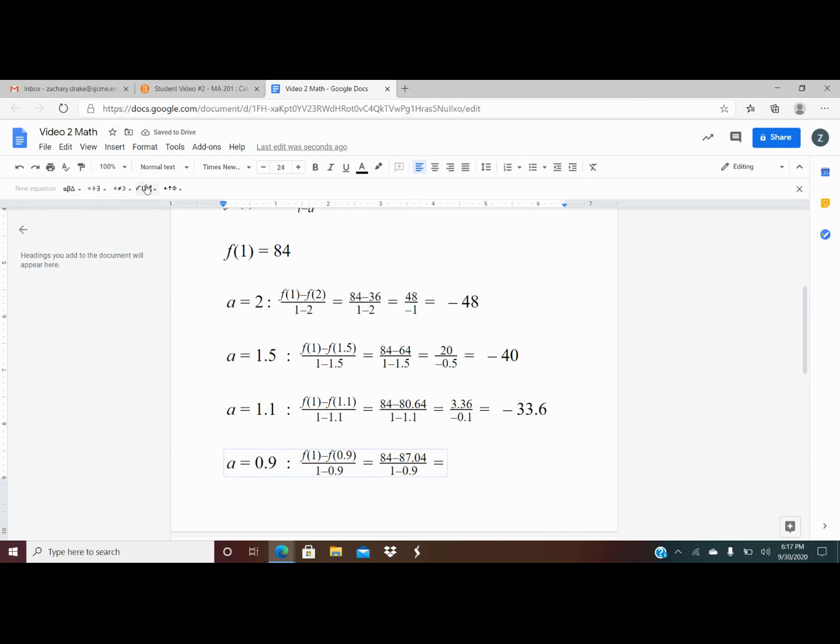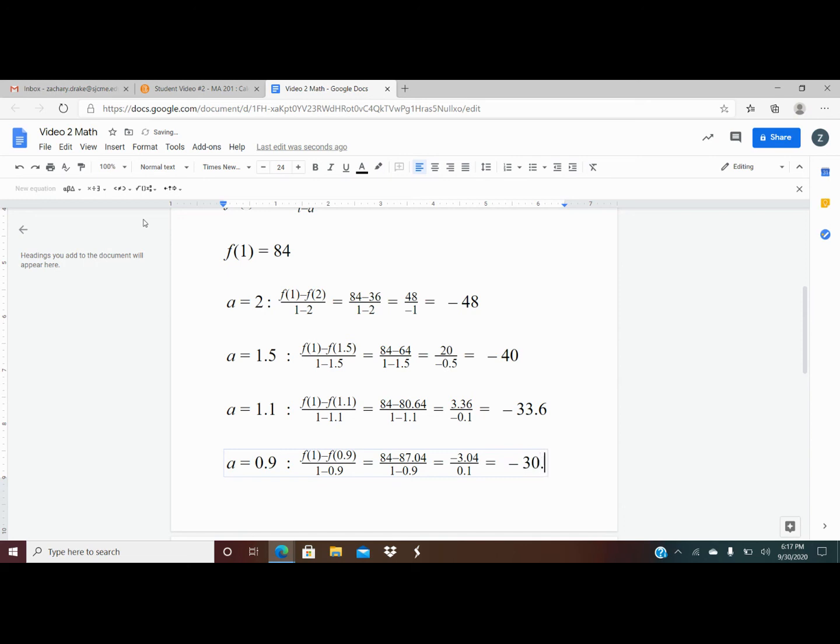So on the top we have 84 minus 87.04, which is negative 3.04, over 0.1. Now we can just do the reciprocal again, and we get negative 30.4.